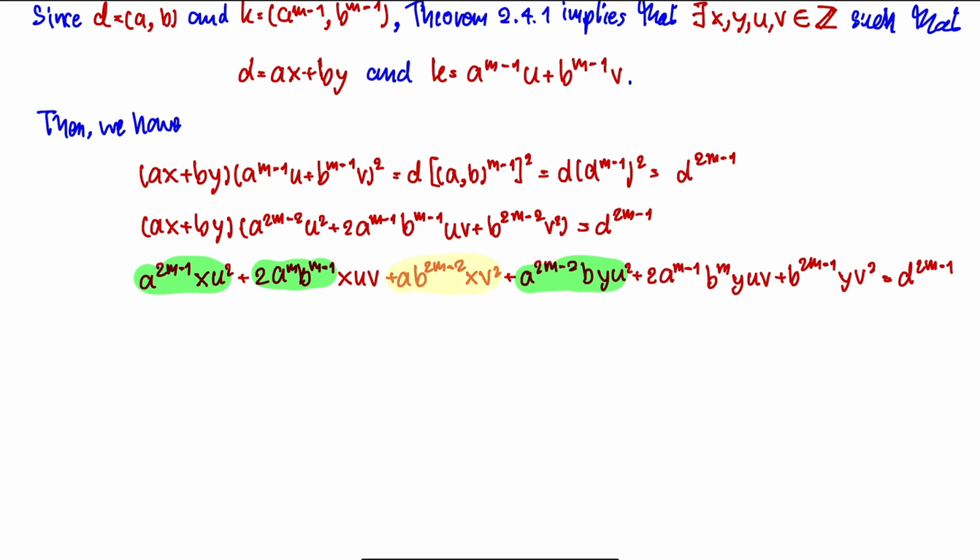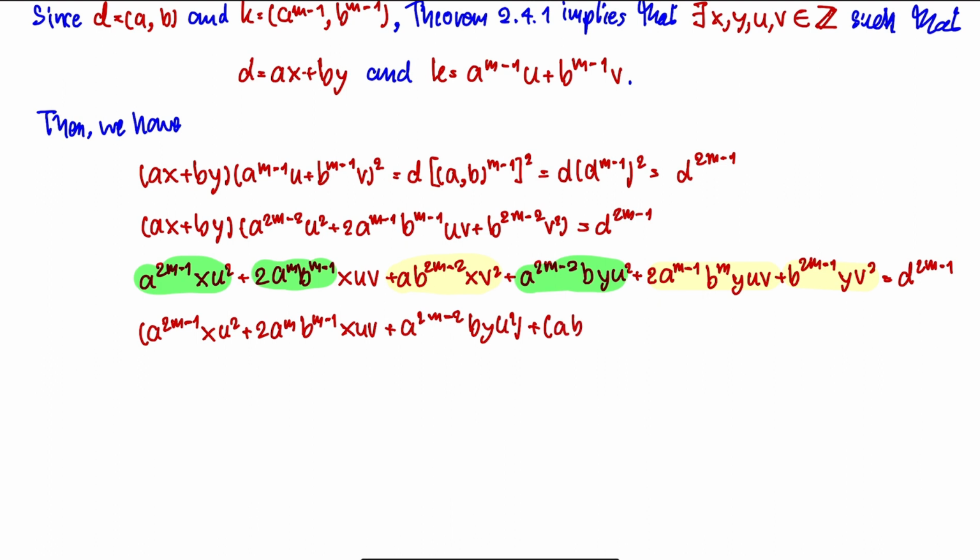This term has a to the m as a factor, and this term has b to the m as a factor. Then this is what we have. We're going to let the term with factor a to the m, plus a to the 2m minus 2 b y u squared, plus the term with factor b to the m.